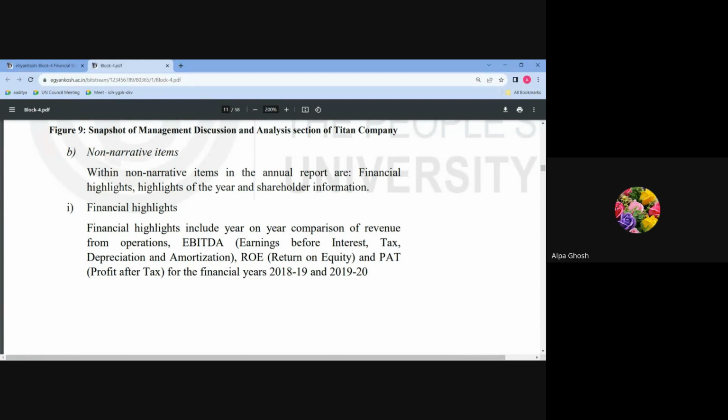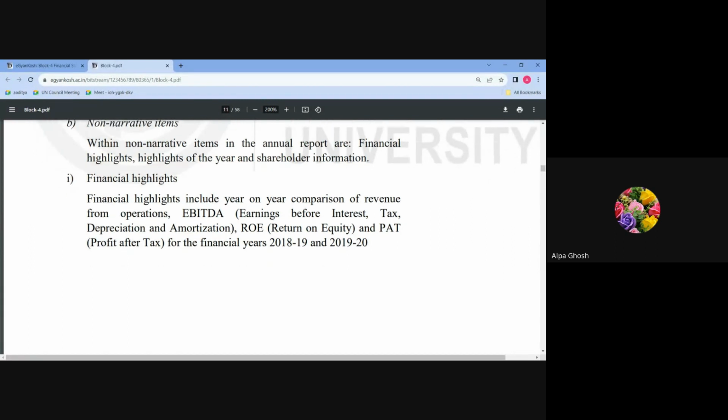The next part talks about non-narrative items in your annual report. It is the financial highlights, which are required for the shareholders' information. It talks about your income from operations throughout the year, your earnings before interest, tax, depreciation, and amortization.